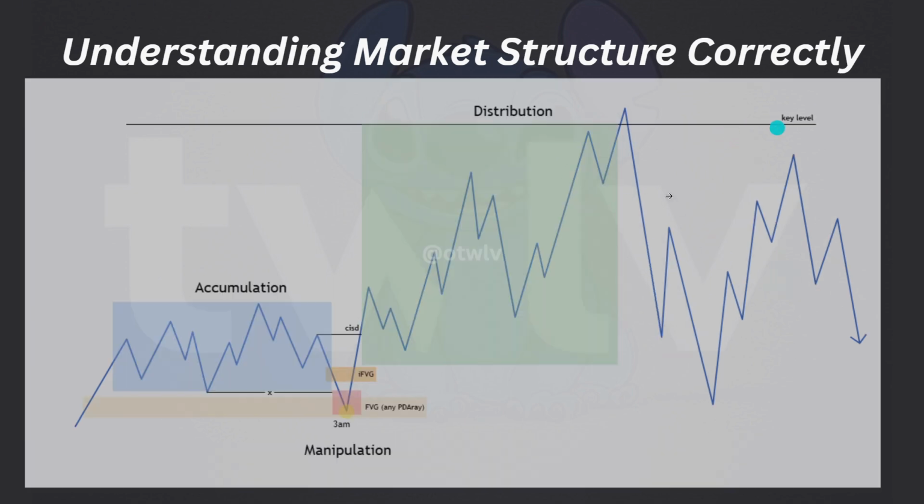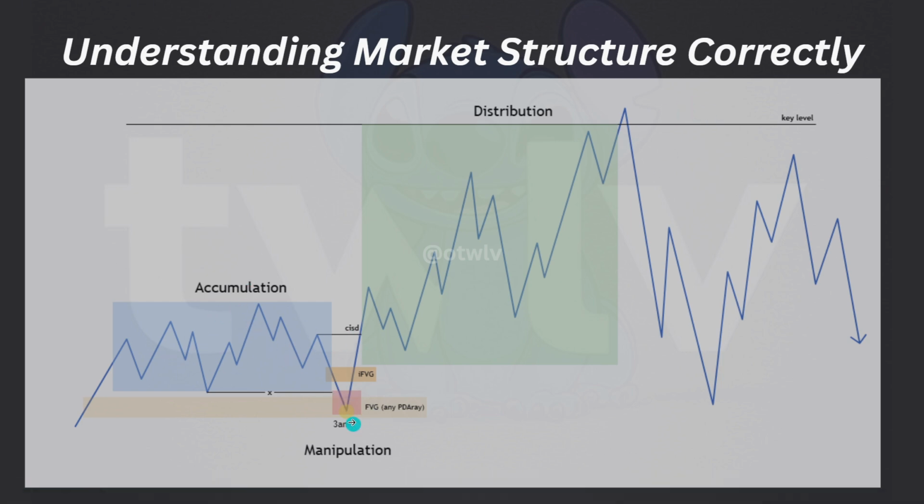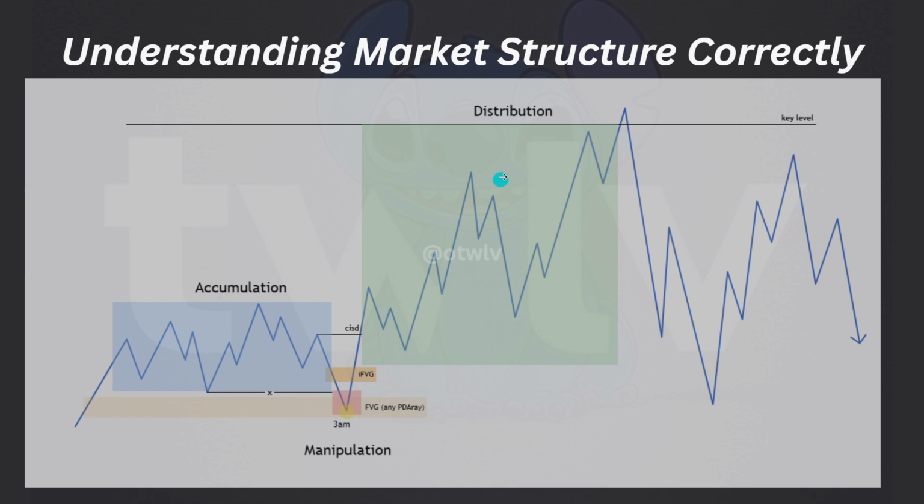So when price is accumulating, any down move here, especially if it CISDs here, because on the higher time frame we're bullish, we know that anything lower is just the pullback. So we can wait for the pullback to happen and then get the continuation higher. So then we play the reversal into the continuation of the trend.